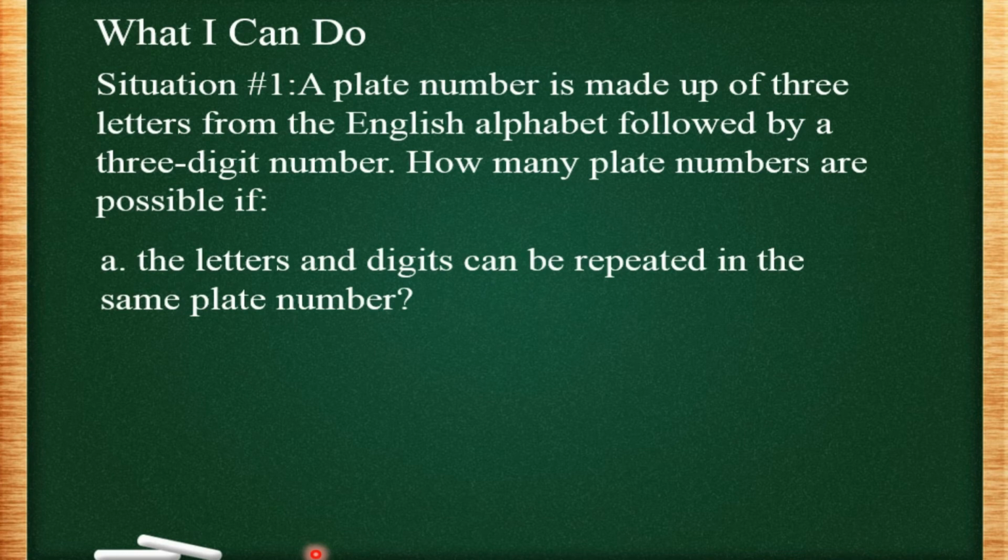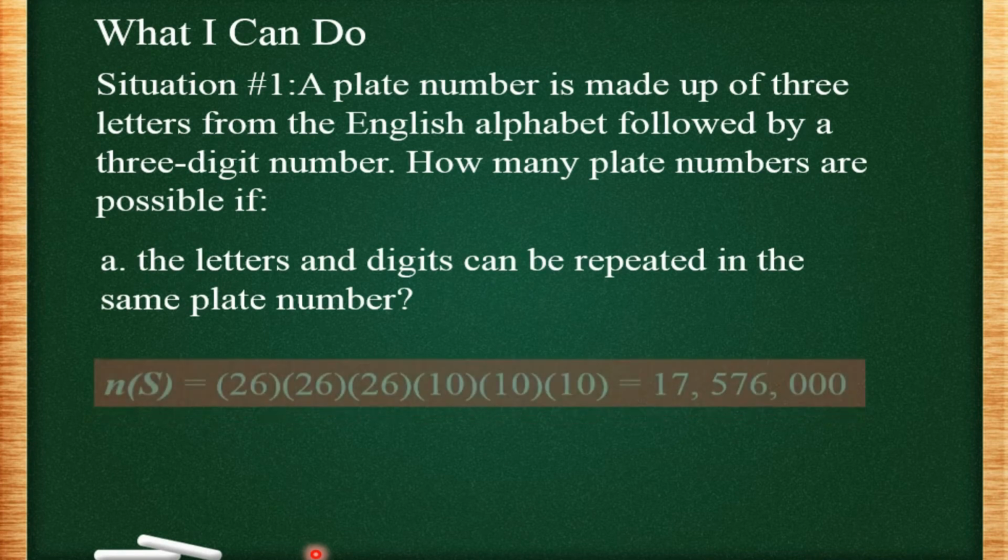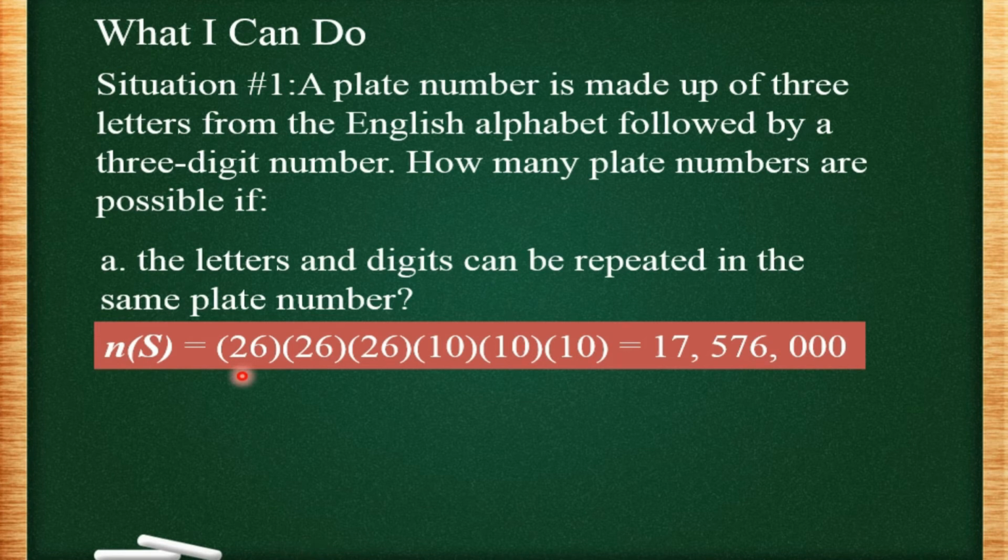Like, you can have AAB 999 or ACC 224. We can determine this by using the multiplication rule, wherein the first letter, you have a choice from A to Z. That's 26. Since the letters can be repeated, there will be 26 again for the second letter and 26 choices for the third.